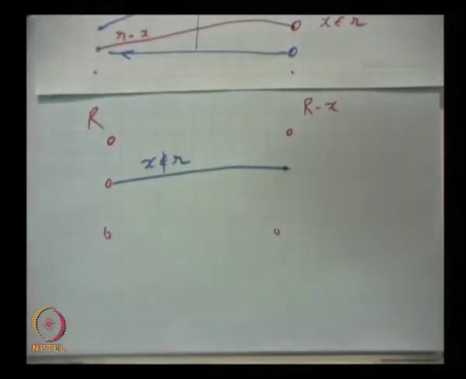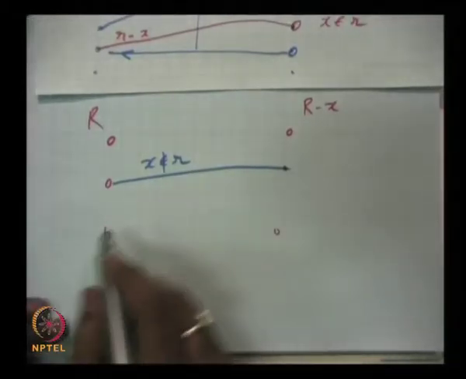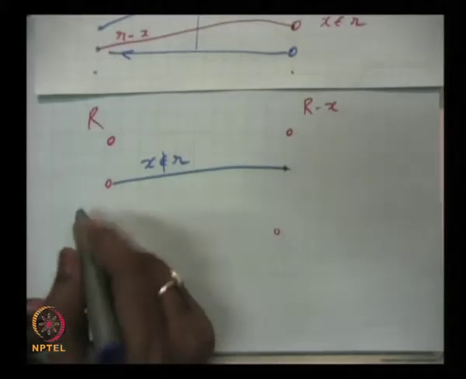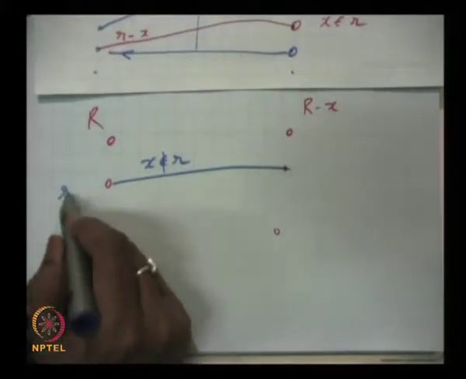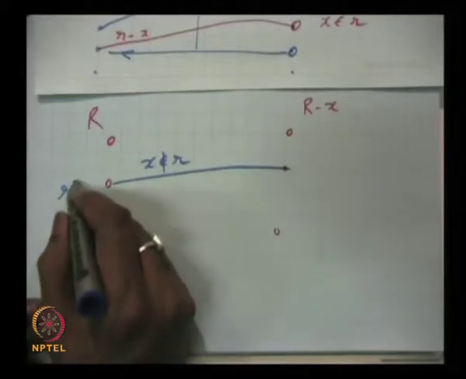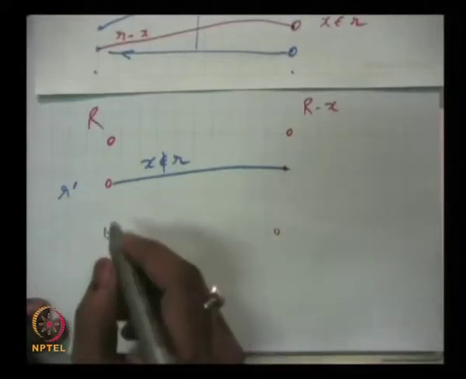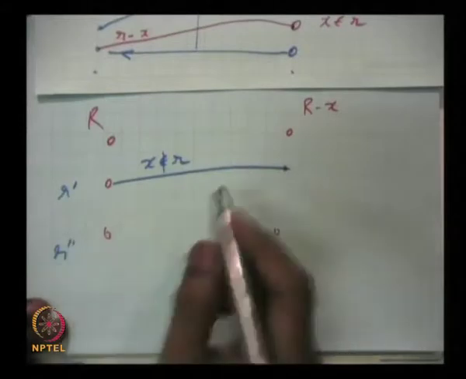Okay. And so, there is some range, let us say this is R prime, let us say R double prime.